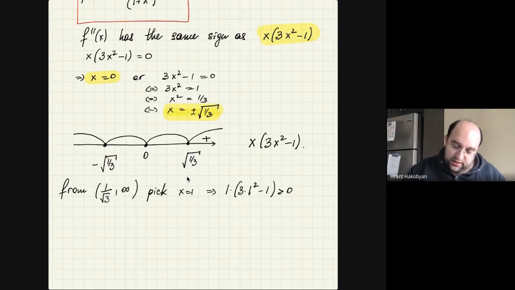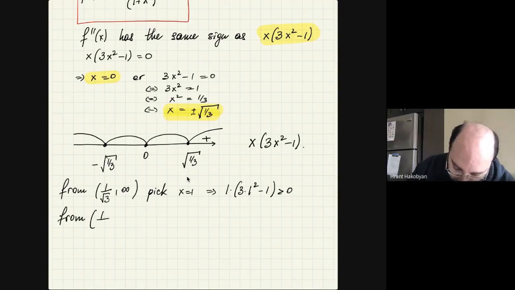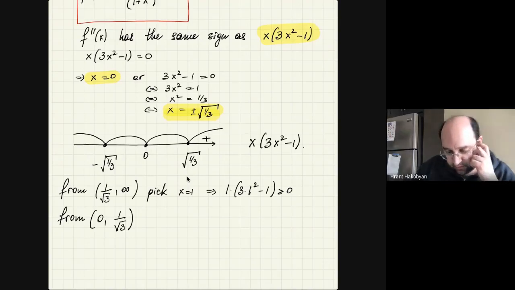Okay. Next, I need to do from 0 to 1 over root 3. So I need to pick a number which is less than 1 over root 3. It's easy to see that 1/2 is smaller, so I can pick 1/2.